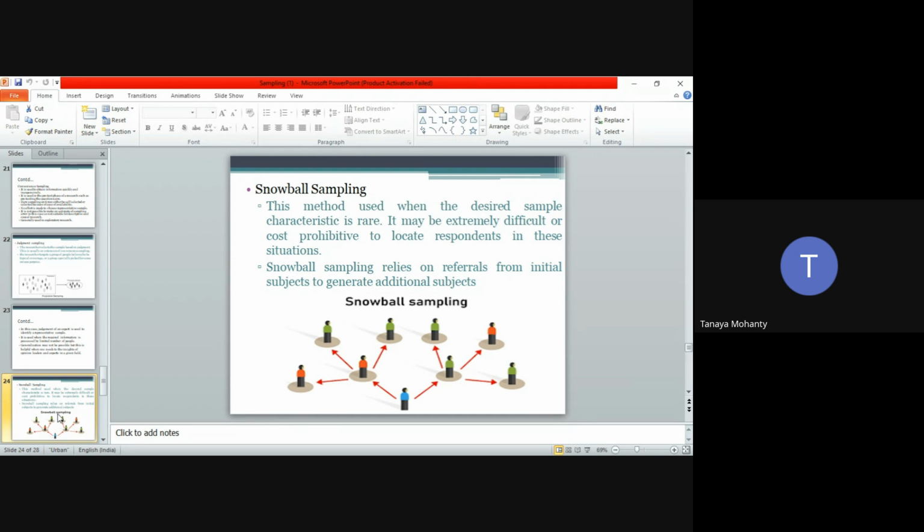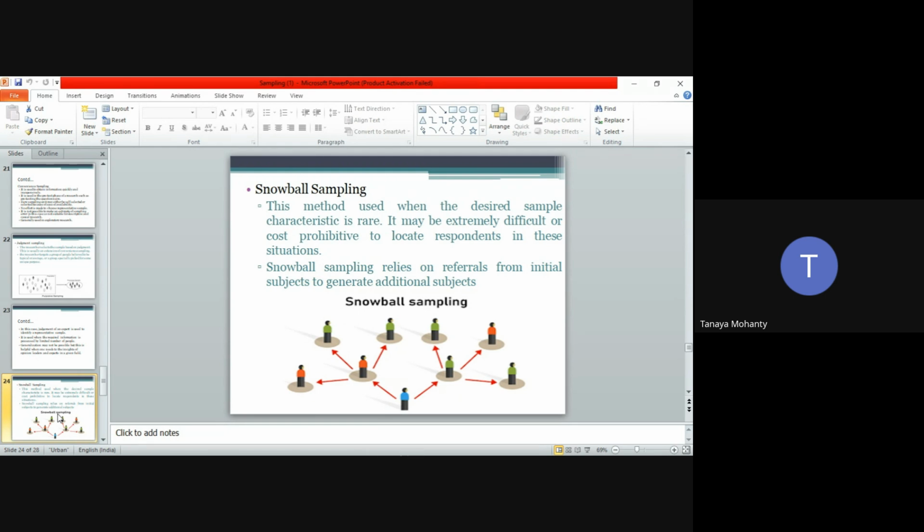Say, I want to interview some transgender people. It might not be rare, but I really don't know how to come across them. So maybe I can ask any of my acquaintances to introduce one of them to me, and in turn that same person can introduce me to some of his or her friends, and then I would ask the second respondent to introduce me to somebody else.